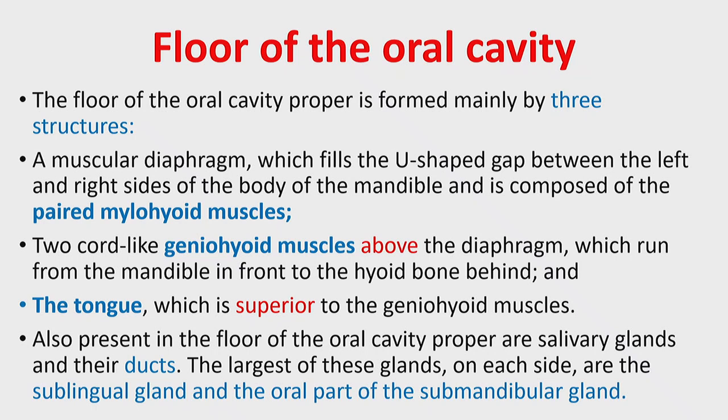Since I talked about the tongue, it is also important to discuss the sublingual region, which is the region under the tongue and is a part of the floor of the oral cavity, and it is an extremely important space in the orofacial region. Usually we have three structures in the floor of the mouth.